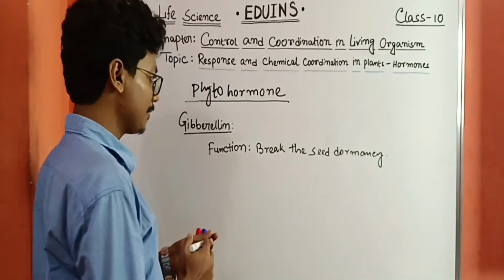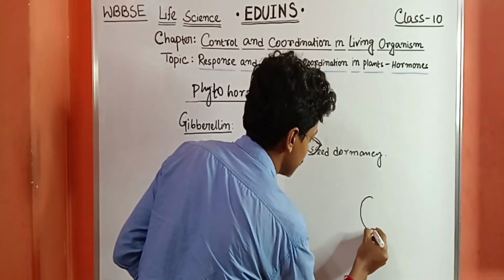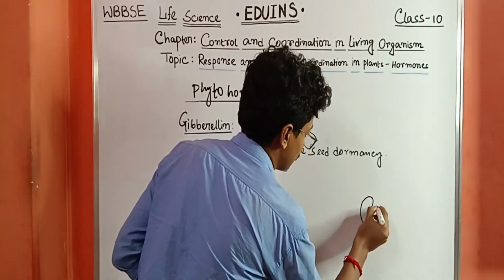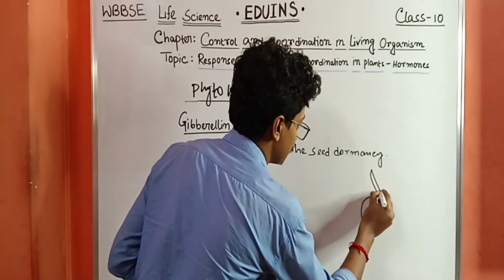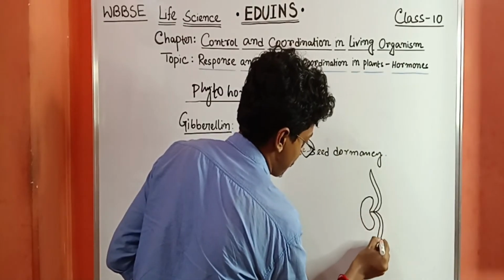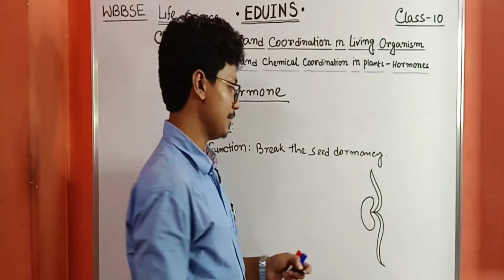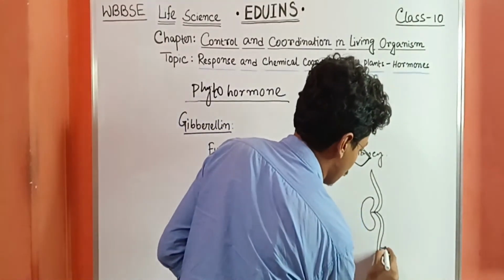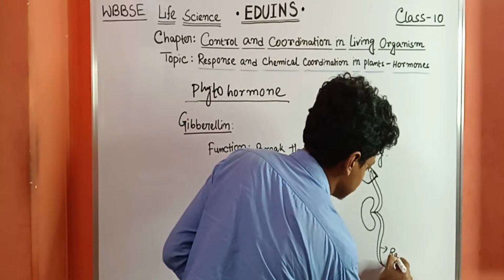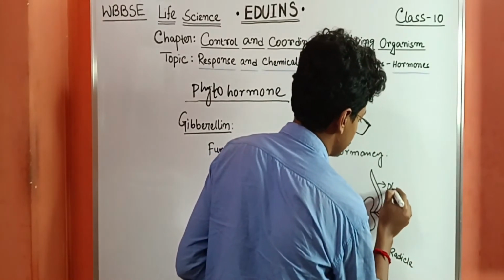They mainly promote, in case of a seed like this, the seed will first germinate like this. This is called radicle and this is plumule.